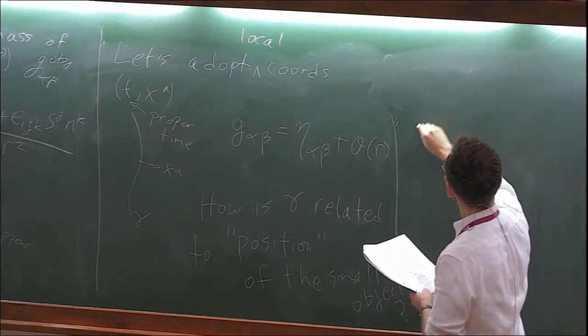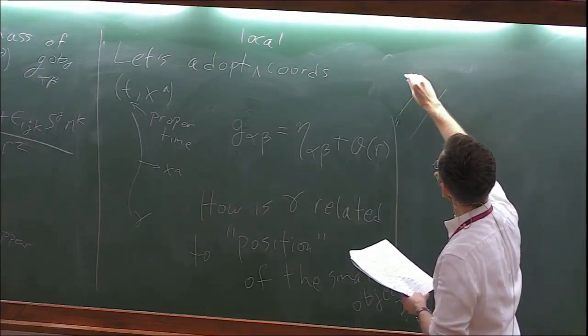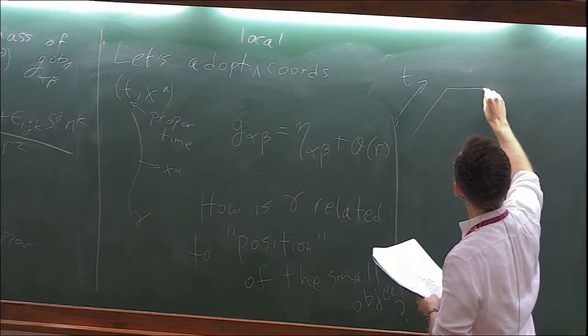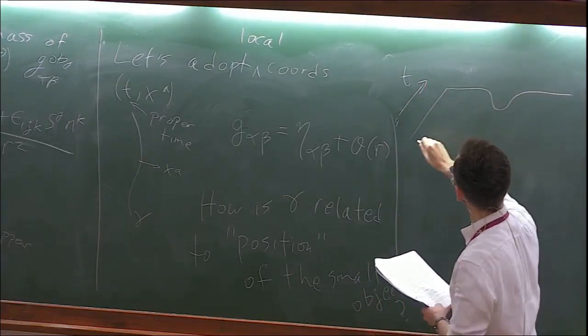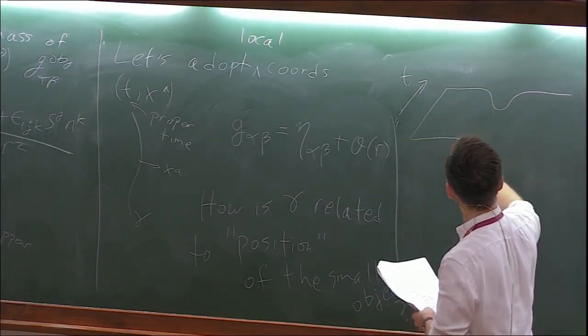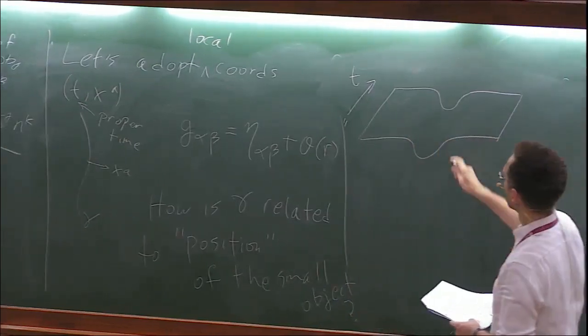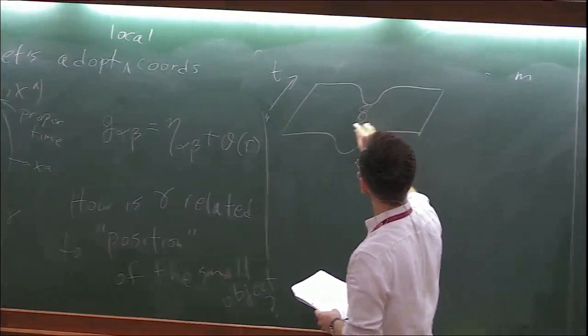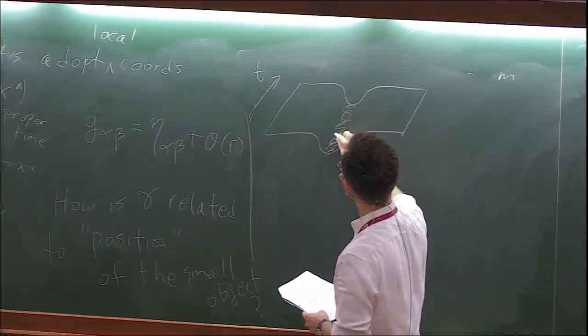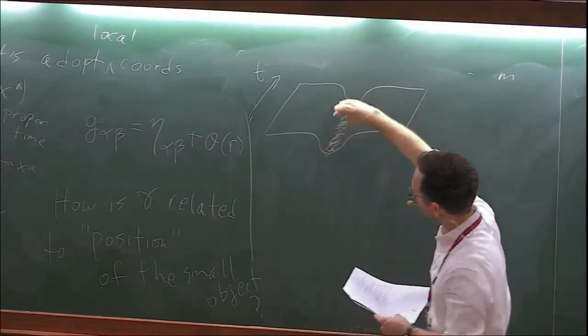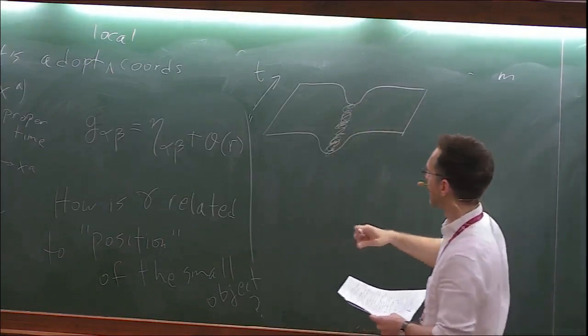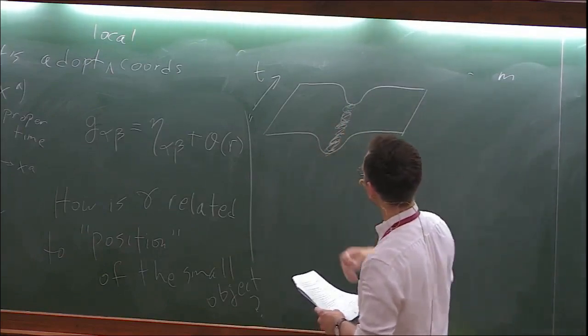Let's say this is a picture of the space-time near the small object. You've got some fairly strong curvature very close to the object. So this could be a black hole, in which case the curvature would go down indefinitely. Or it could be a neutron star, in which case the curvature is finite.